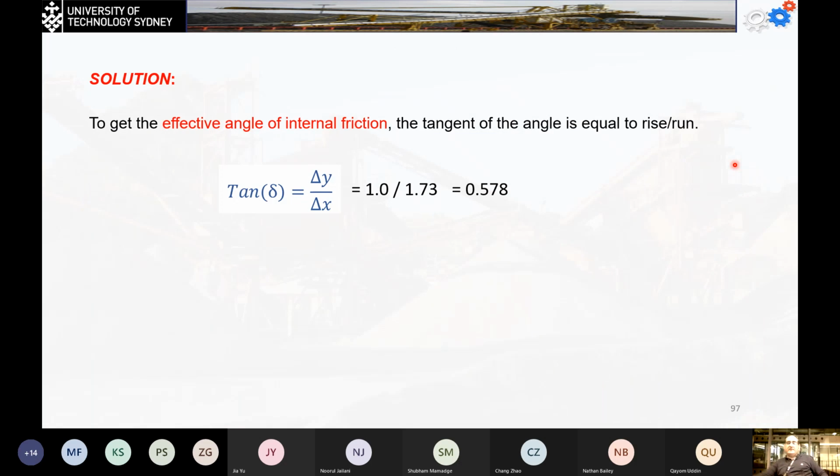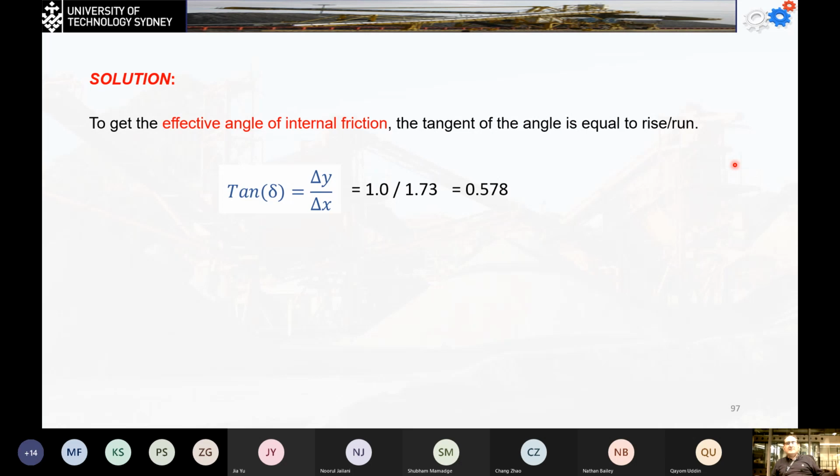First, I'm going to find the effective angle of internal friction, which is going to be the tangent of the parameters we have. Tangent is always going to be the delta y, the difference in the height, over the difference in the length. So the tangent of the delta is equal to 1 over 1.73, and this will be equal to 0.578.